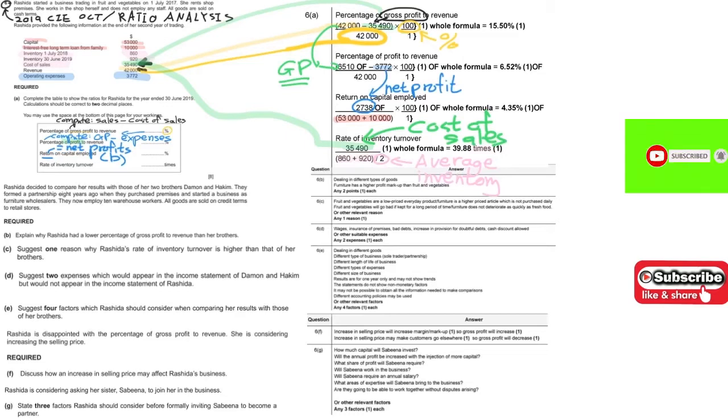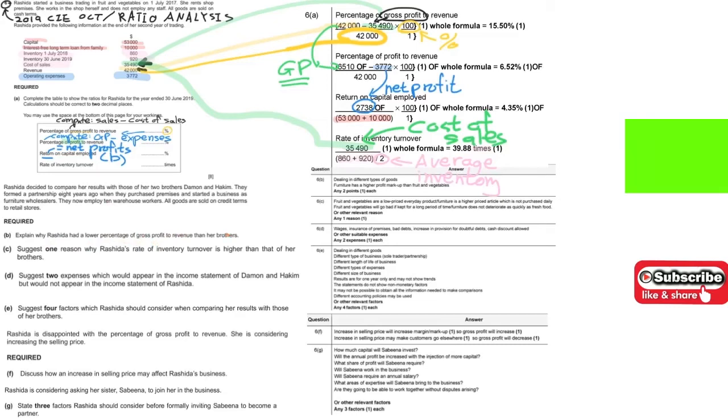So let's move on to part B. Part B talks about how the owner tried to compare the result with her brother's, and she found that the gross profit is much lower than her brother's. So we have to give 2 explanations.